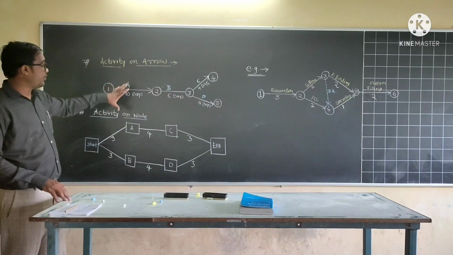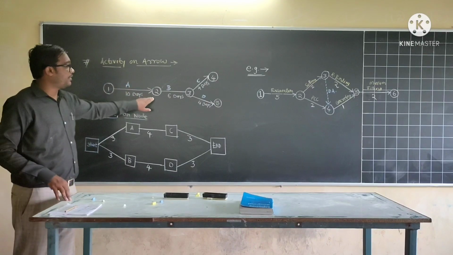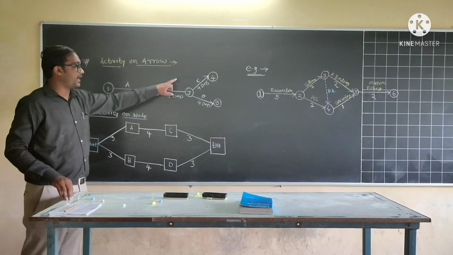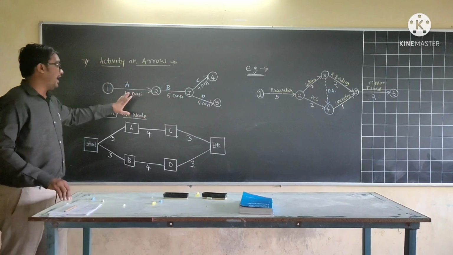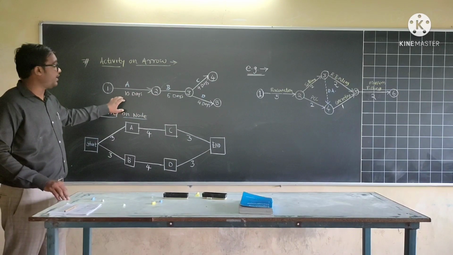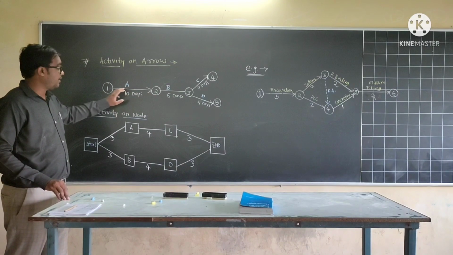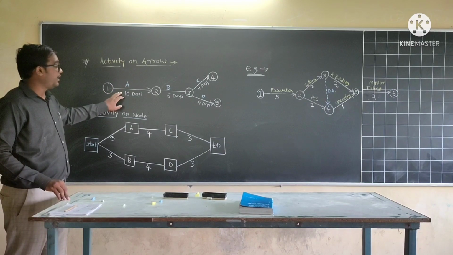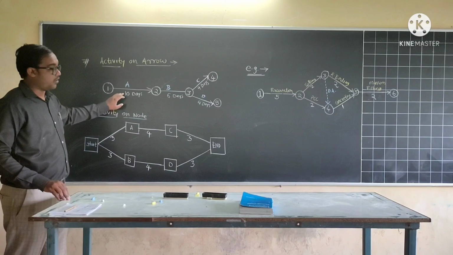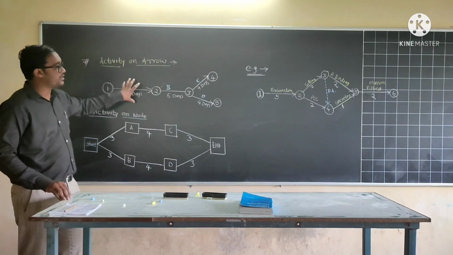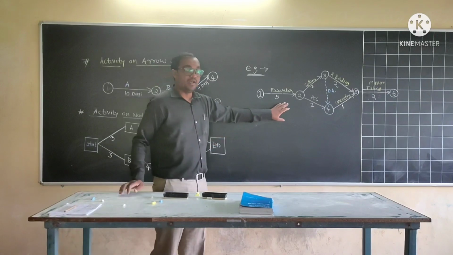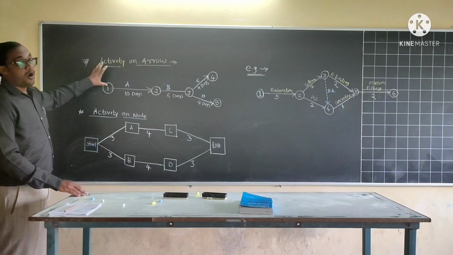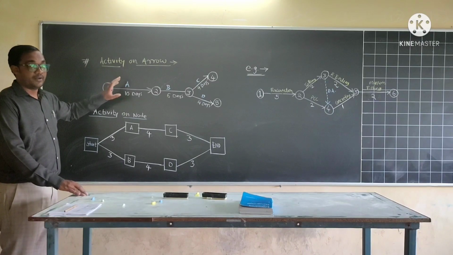In this type, as all of you know, event number 1, event number 2, event number 3, 4, 5, like this: activity A, activity B, activity C, activity D, and their duration written below the arrow. The name of the activity is written above the arrow, and the duration to complete is written below the arrow. All of you know this process, and by following it we have already drawn this type of network diagram. So this is the activity on arrow type of network diagram.